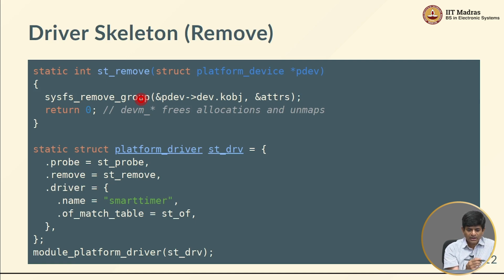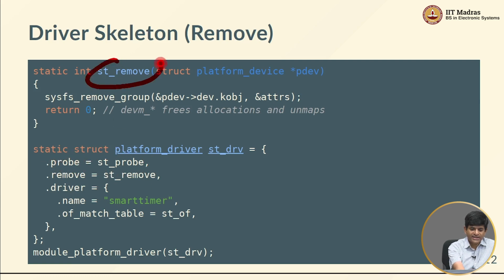Okay. And finally, the way that it works is that I put in this struct over here, the platform driver, again inside my module code, which gives me all this information. So probe is one of the parameters inside the struct. It tells me that I should use this function, which I defined, called st_probe, as my probe function.